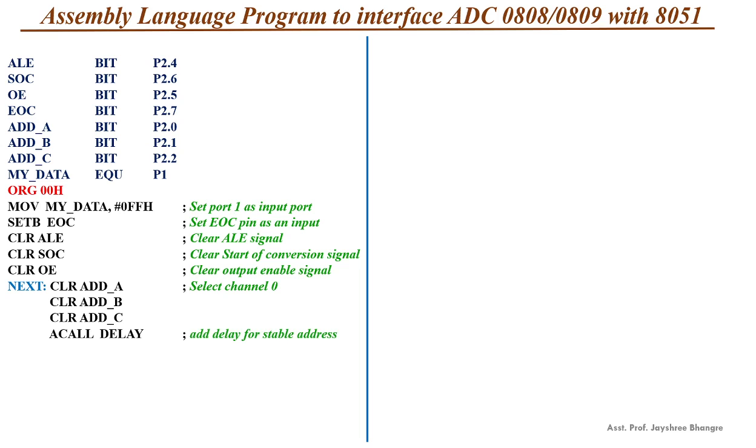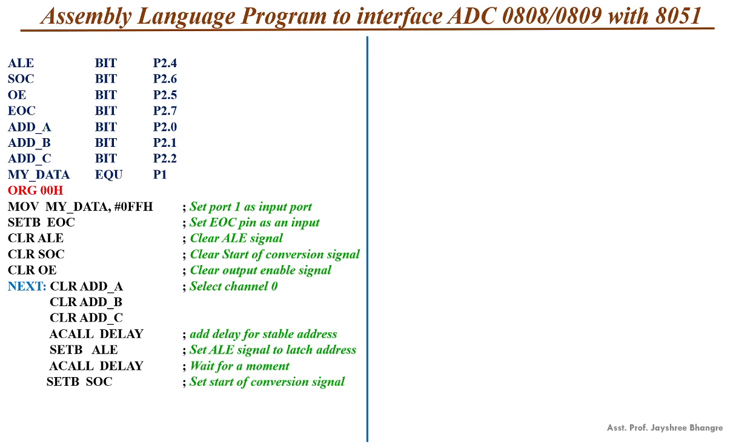Then to latch this address, we need some time, so we are calling the delay subroutine. Then set bit ALE. Here we are sending the pulse, or latching this address, using the instruction set bit ALE, ACALL delay, and again set bit SOC.